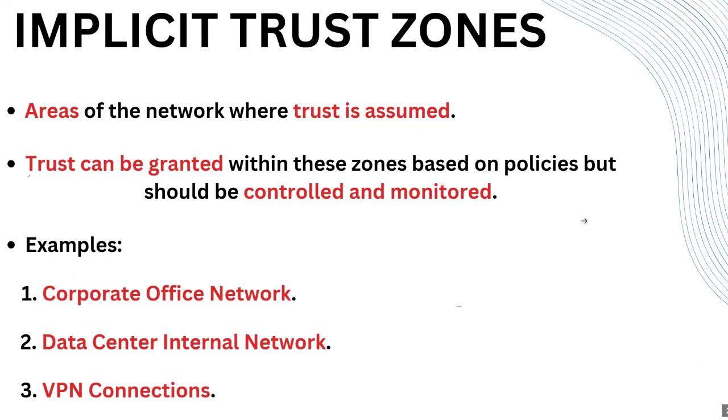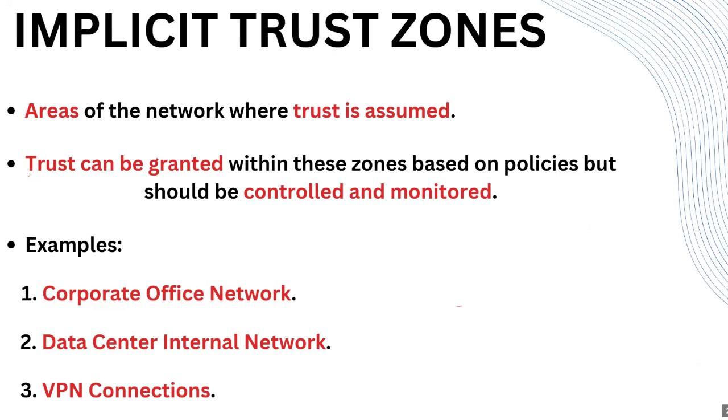Implicit trust zones. So when we say implicit trust zones, what do you think we're talking about here? In a way, yes, because what did we say about traditional networks? What do they do?